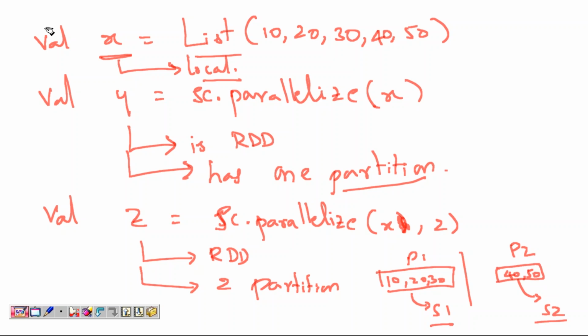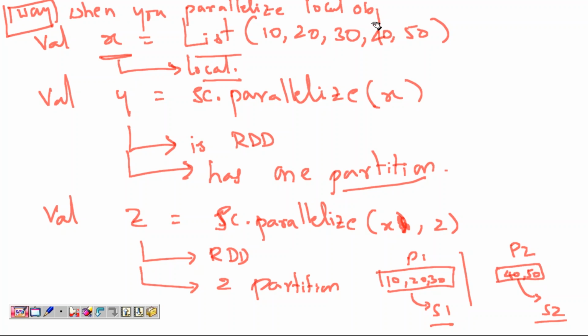So this is the first way to create an RDD: when you parallelize a local object, an RDD will be created. These are the examples for way number 1.